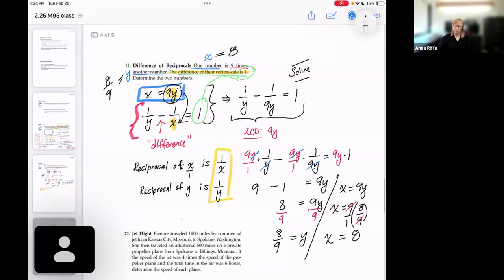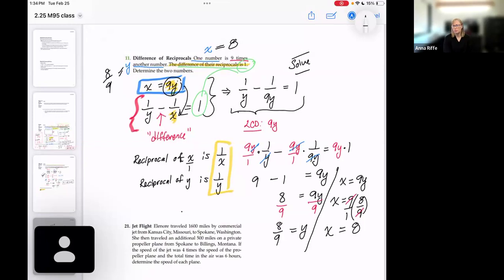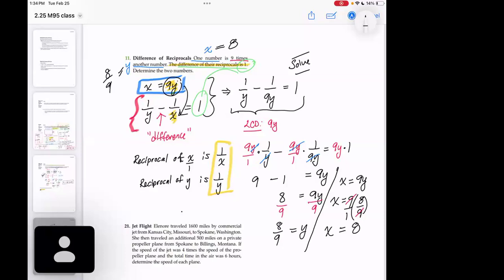Okay, questions on that one? I know that one had a lot of pieces, a lot of terminology. So why did you put the x equals 9y over there?